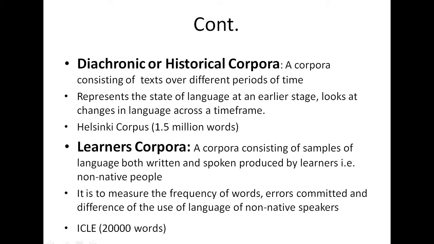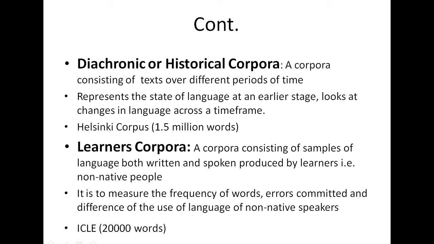It is to measure the frequency of words, number one, if we want to study and if we want to measure the frequency of words used by Pakistani English speakers, this corpora would help us.